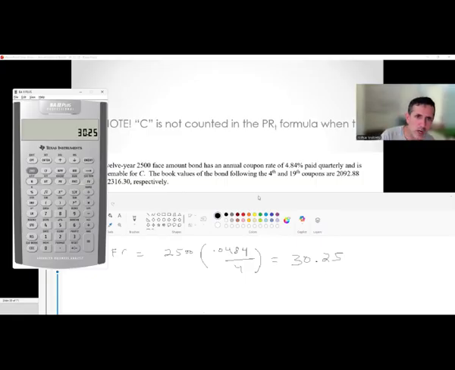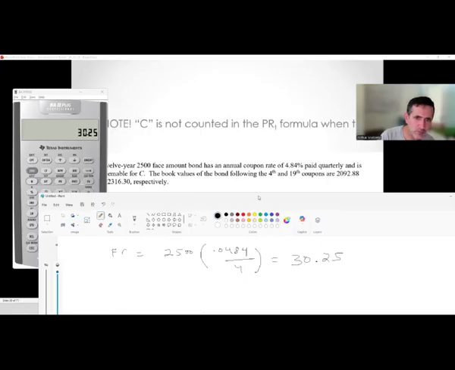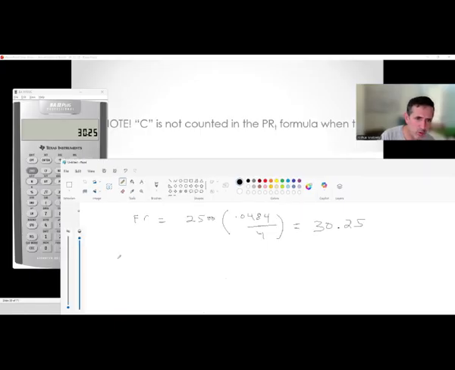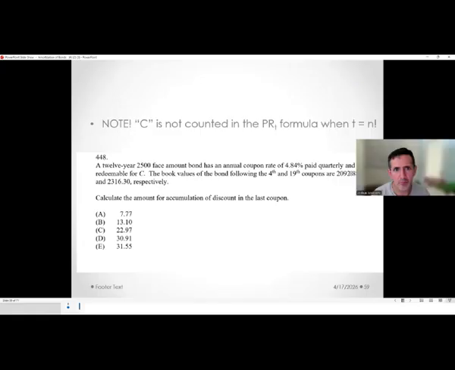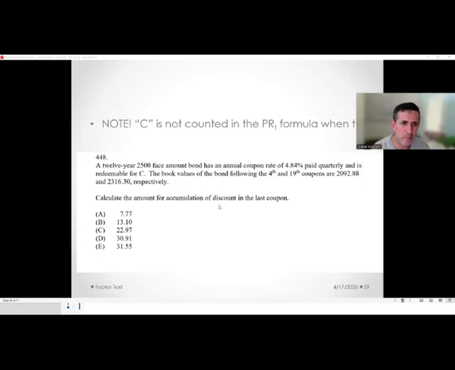Okay, anyway, these are my coupons. So what am I given? OB_4. And I make a note here, I mentioned this a second ago: C is not counted when you're looking at PRN. It's obvious that that's kind of happening, because otherwise you get numbers close to 2,500 versus numbers between like $7.77 and $31.35.